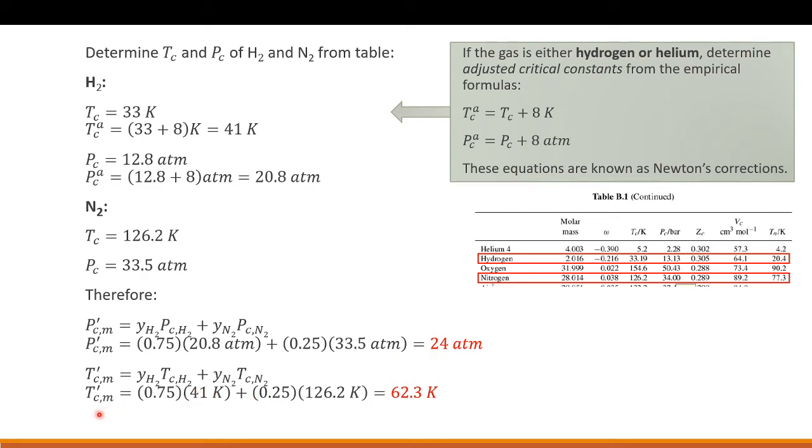Then for our temperature, same thing: 0.75 multiplied by 41 Kelvin plus 0.25 multiplied by 126.2 Kelvin, giving us 62.3 Kelvin.